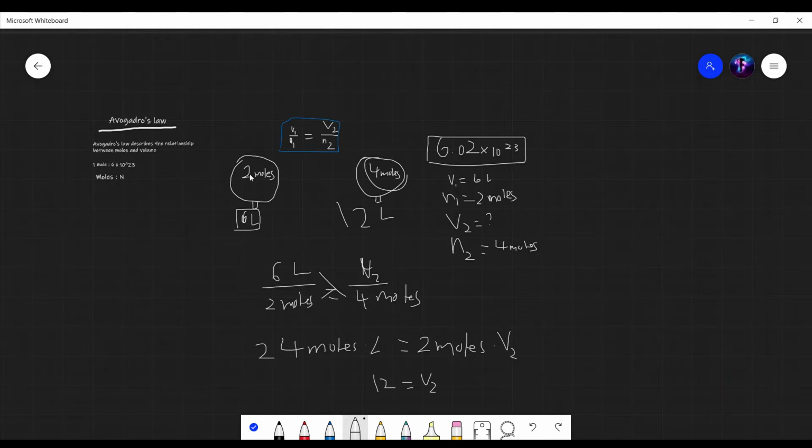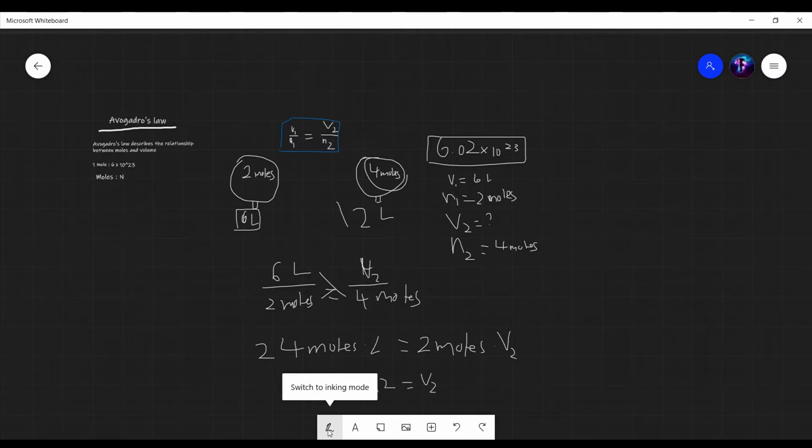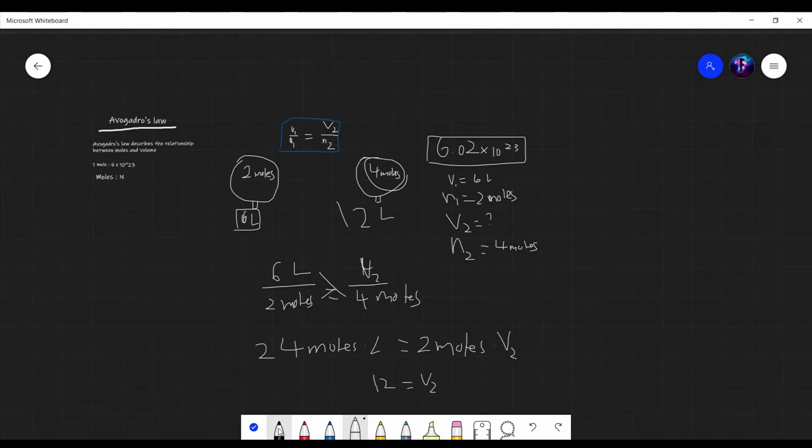So as you can see, since 4 is double 2, you also have to double the liters. And also notice that when the moles go up, the liters also go up. Okay, I think that wraps up part 1, the introduction.